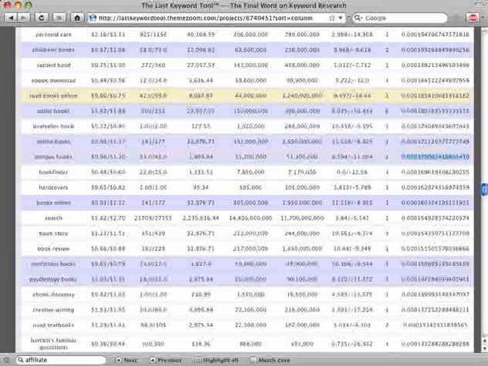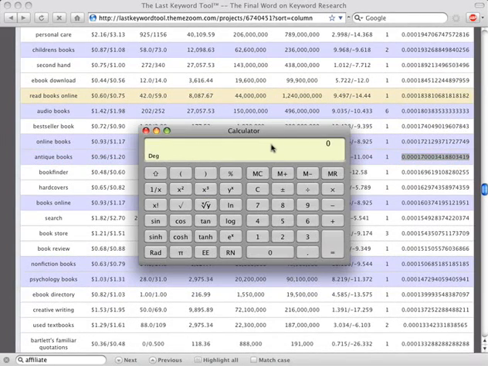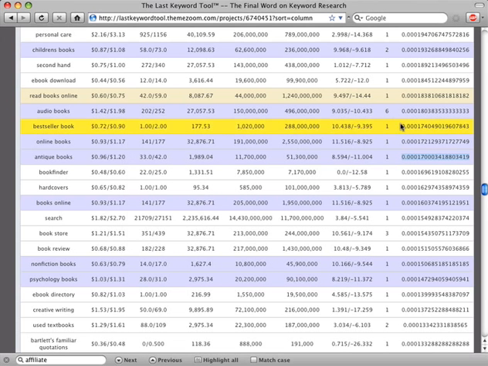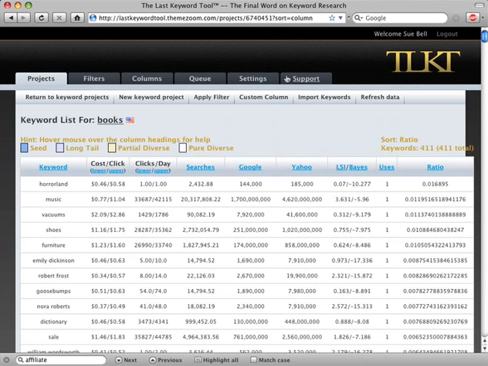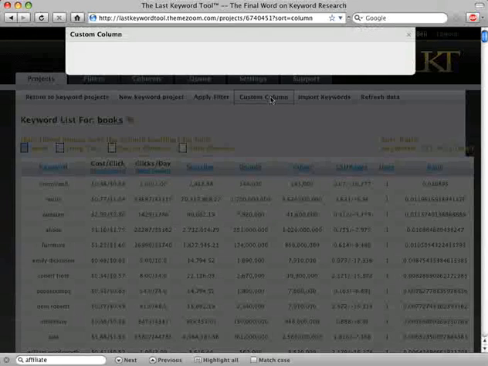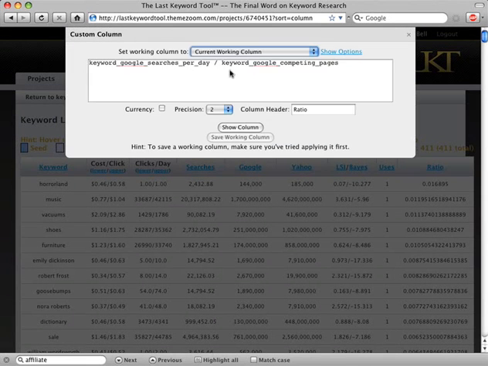We'll copy that number, open our calculator, and divide 1 by that number. That gets us our scaling factor, which in this case is 5,882. Then we go back to our custom column and multiply by 5,882, and we'll see what we get.